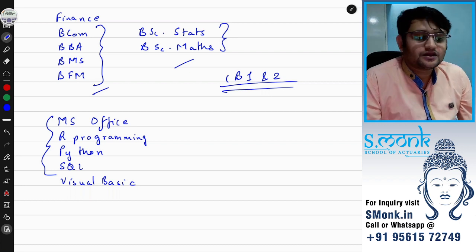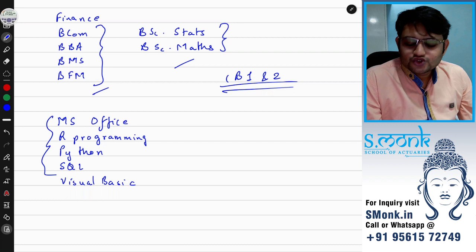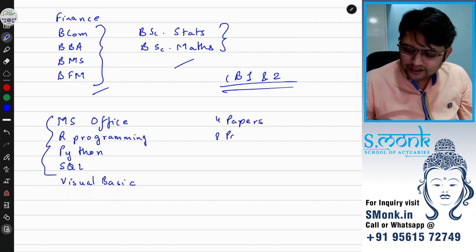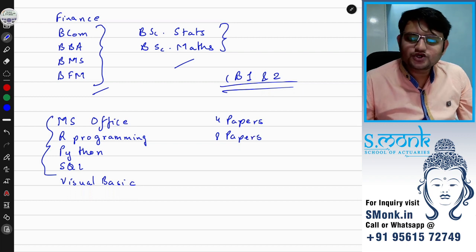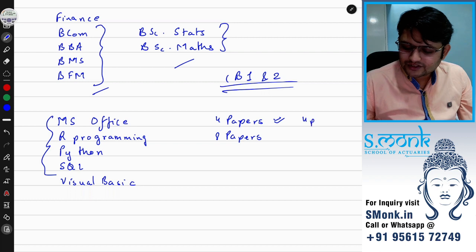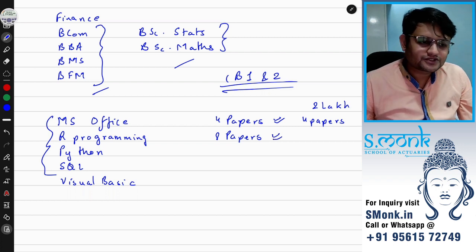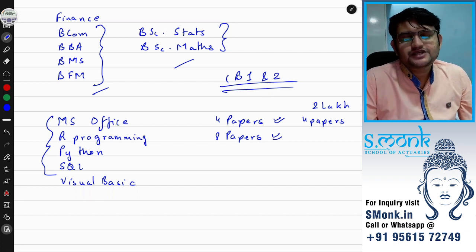So if a person goes in with 4 papers cleared, and you go with 8 papers cleared, in those 3 years this person would clear the other 4 papers, and their salary would go up by, let's say, 2 lakh rupees. And you with 8 papers would be stuck with the same salary.